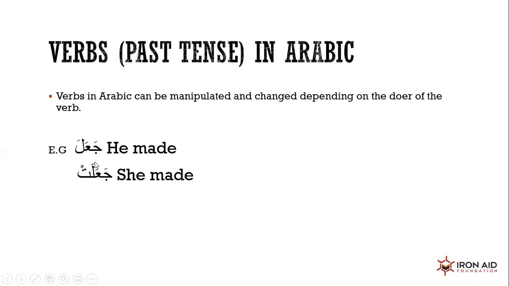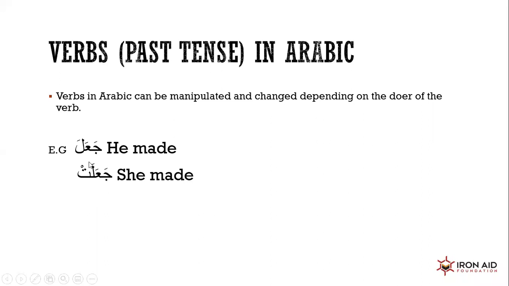A verb in Arabic, as I mentioned in the beginning, can be changed and manipulated in ways depending on the doer of that verb. So for example here, ja'ala means he made. Ja'alat would mean she made. So simple addition of ta at the end would give a slightly different meaning.